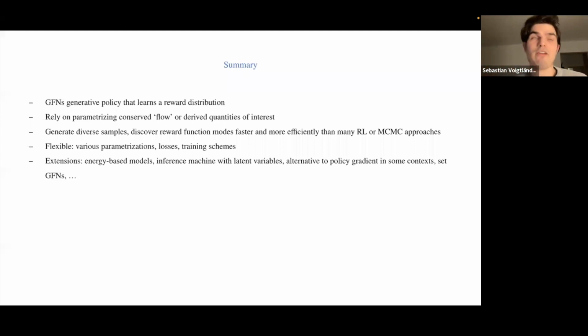They are great alternatives to some methods in reinforcement learning that suffer from convergence to only a single mode of the reward distribution. They also allow for training energy-based models where you train an energy function in conjunction with the GFlowNet and learn these two things together. And you can also generalize them to different settings such as sets and graphs. It's a really flexible, fantastic framework.